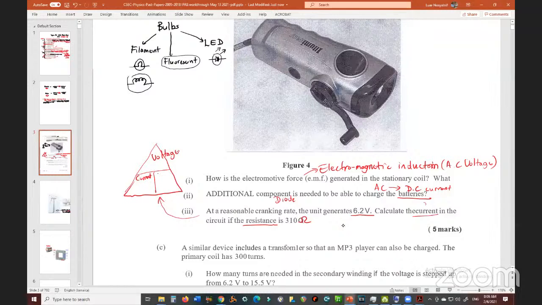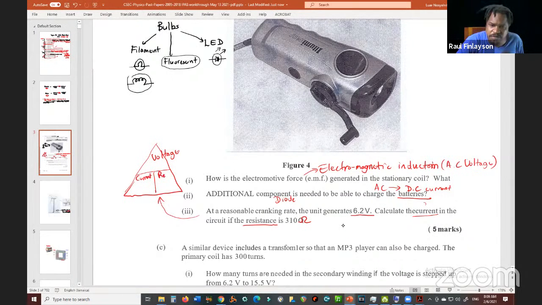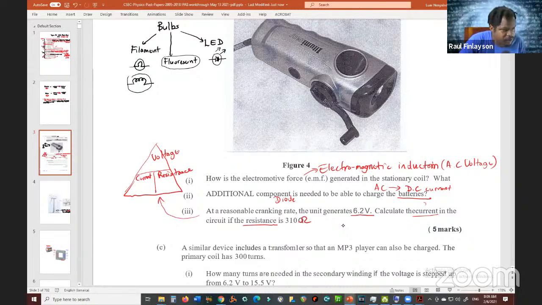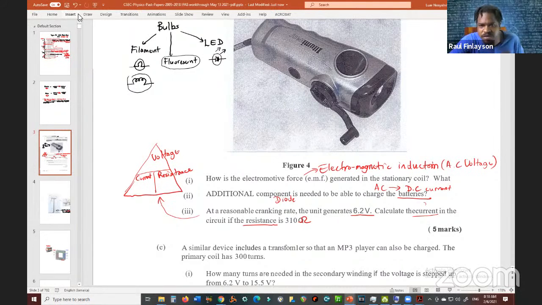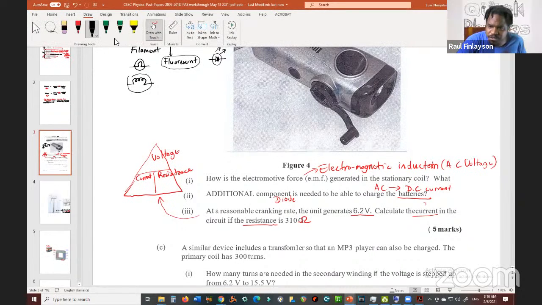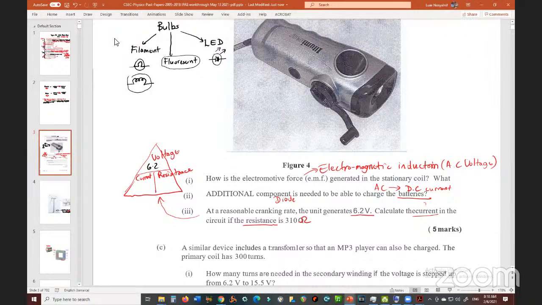You get 1 mark for writing that formula. Now let's put in the numbers. The voltage is 6.2 volts, the resistance is 310 ohms, and you're finding the current.